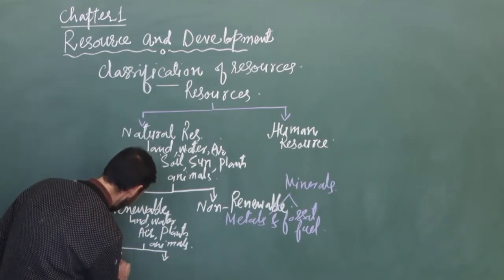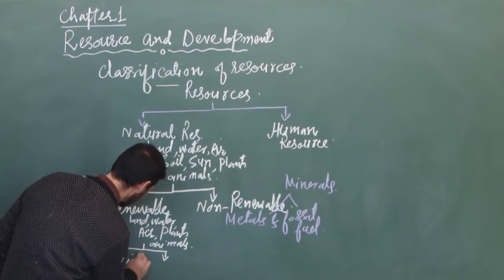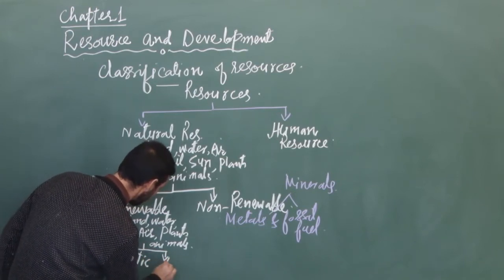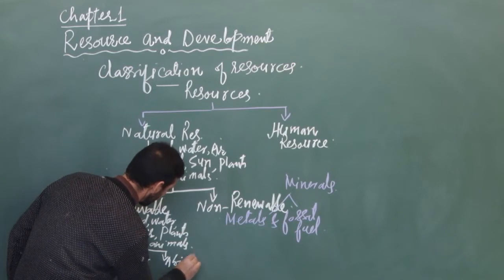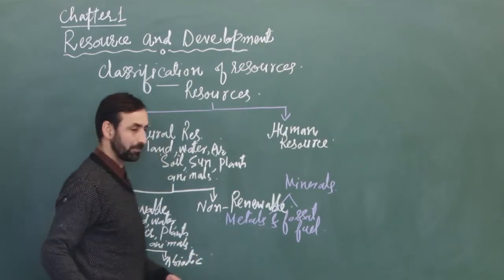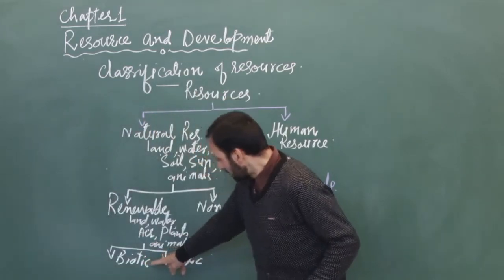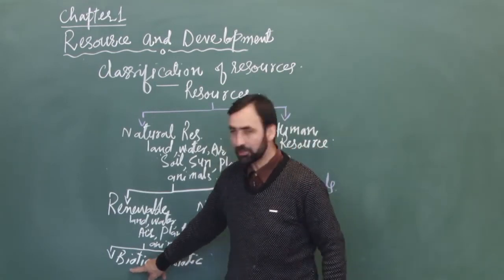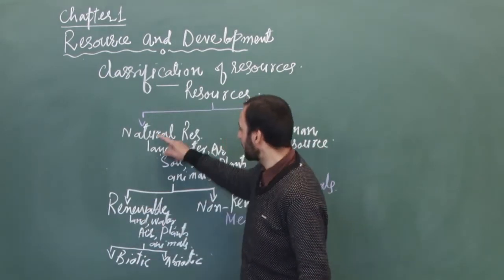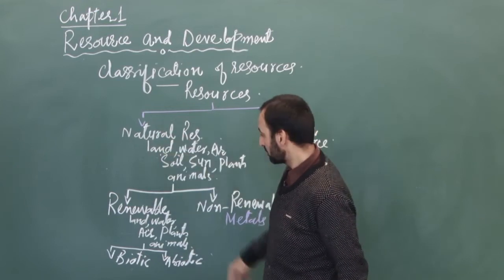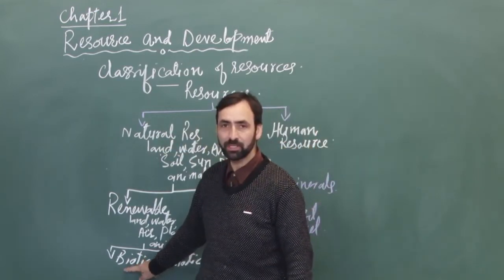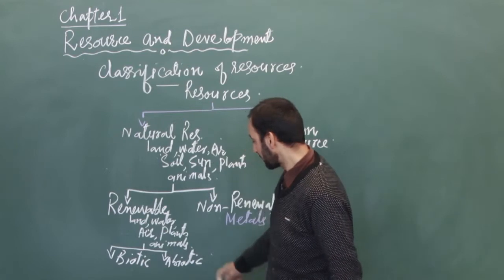Or biotic and abiotic resources. Biotic resources are those renewable natural resources which we obtain from living organisms.